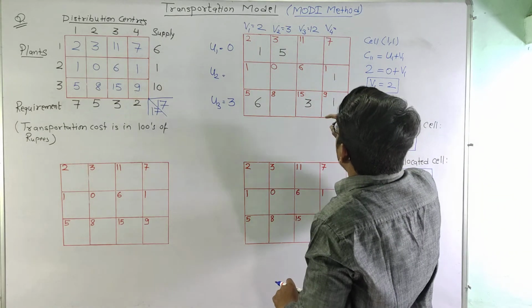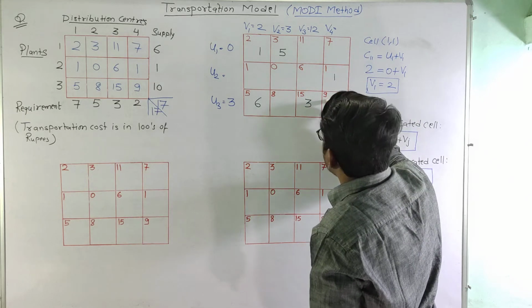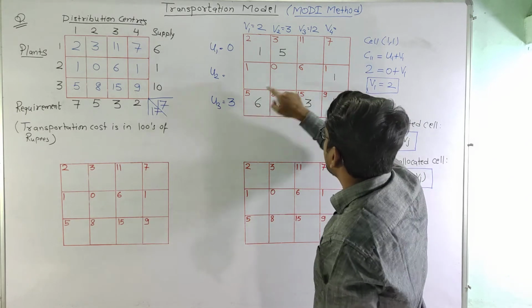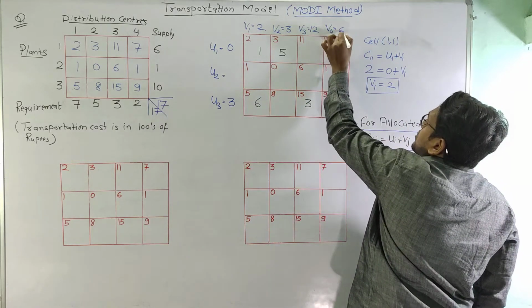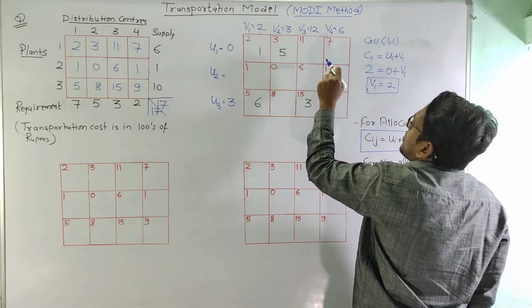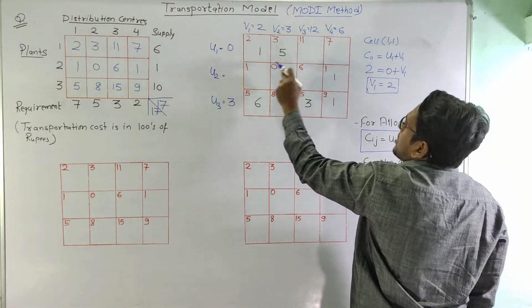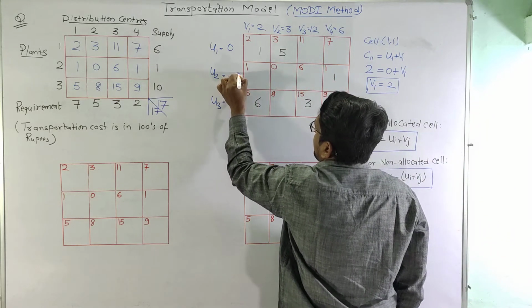Now, 3 plus 6 equals 9. And once this is known, 6 plus what equals 1? 6 plus minus 5 equals 1.